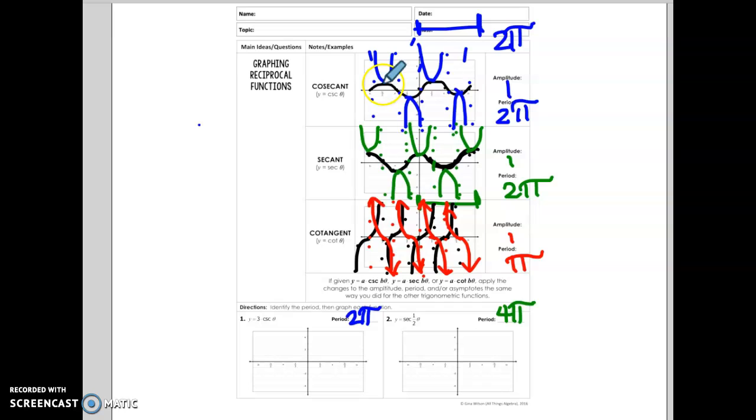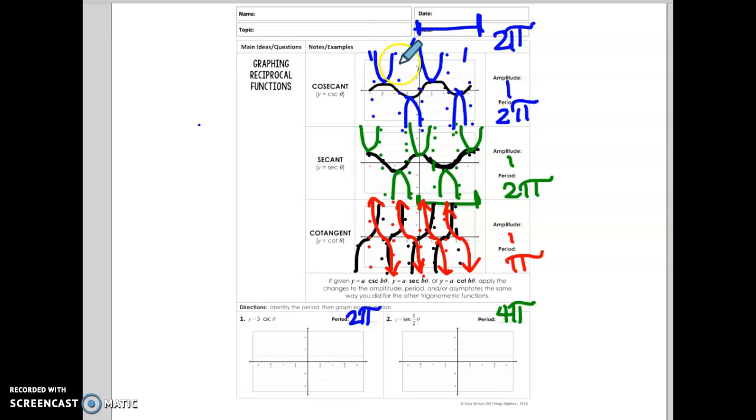Everywhere there's a 1, 1 over 1 is still 1, so those points are there. And then everywhere there's a negative 1, same sort of thing. And then just from experience, I know that the point should go the opposite direction. I hope that kind of makes sense if you think about 1 over 1/2 becomes 2, right? So just some values like that if you try to plug them in.